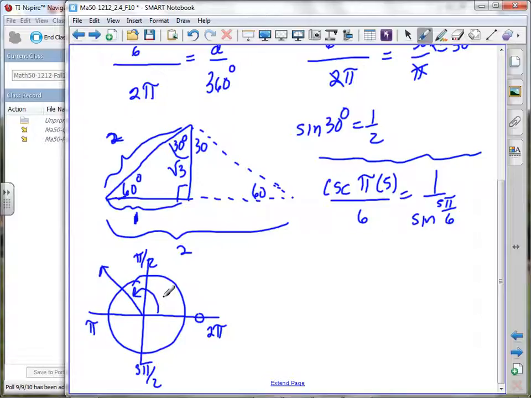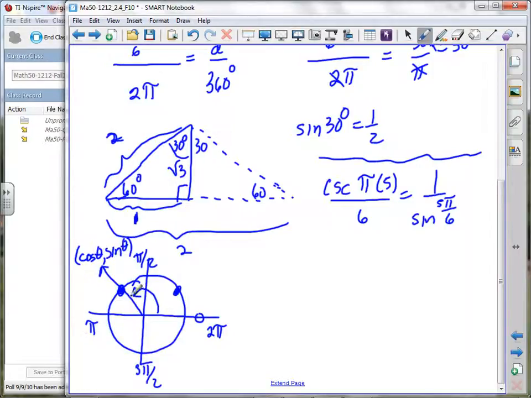Now, in order to evaluate the angle 5 pi divided by 6, we're going to evaluate instead another angle, because I know that a point here has another point over in the first quadrant that has the exact same output value. So over here I've got cosine theta and sine theta. Remember that?